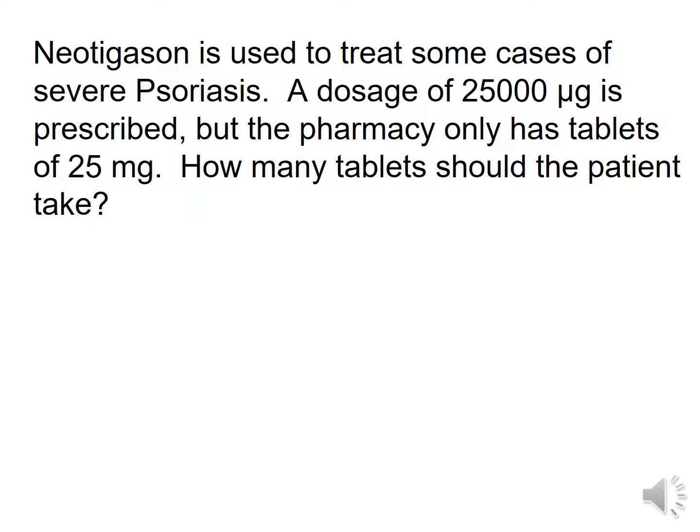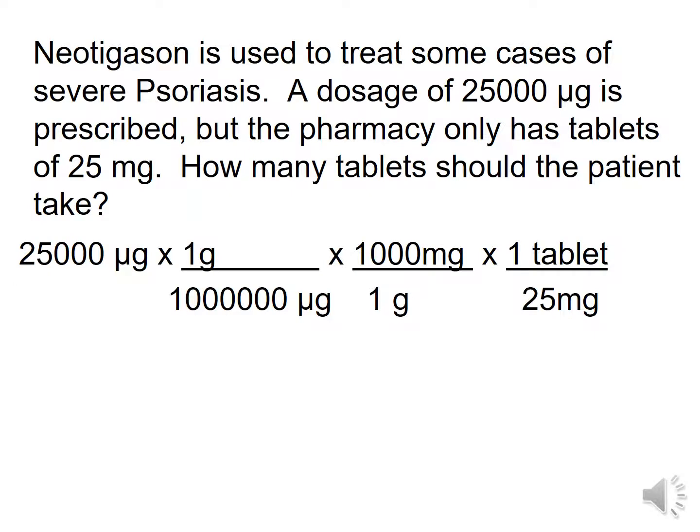That might be a problem you have to solve if you were a nurse. 25,000 micrograms. If you think of a gram being 1,000,000 micrograms, then that first conversion factor would convert your micrograms to grams. Then you could go from grams to milligrams by multiplying by 1,000 milligrams over 1 gram.